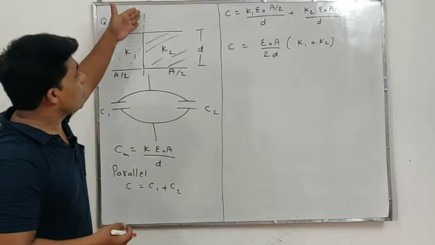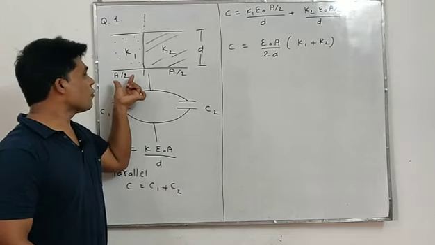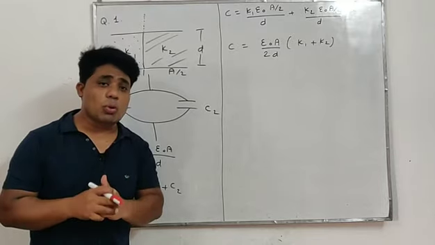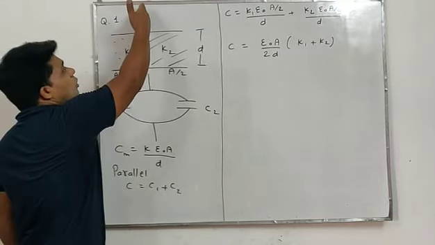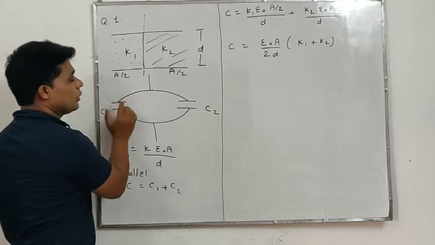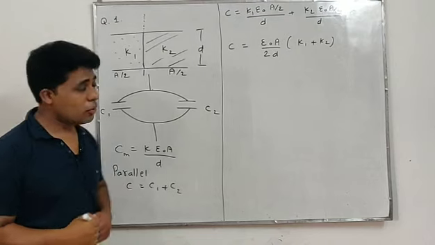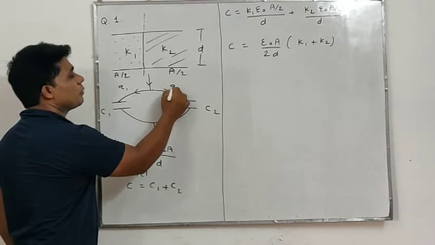When we cut vertically in two parts, its area becomes A by 2 and A by 2. We are asked to find the total capacitance of this circuit. Whenever you cut vertically, the combination becomes parallel, because the charge will divide.